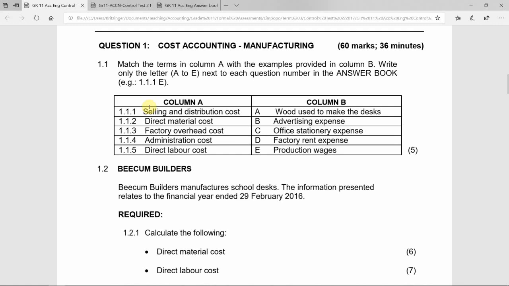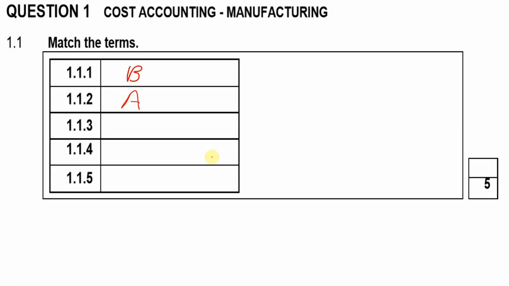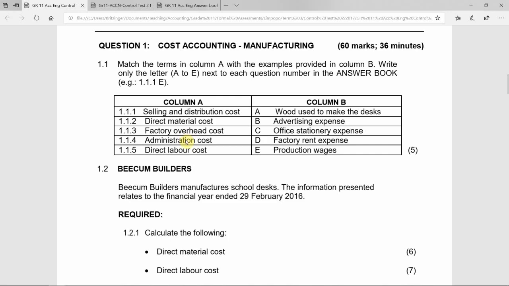We already used A and B, so those are not the options. Factory rent expense though, that has to do with the factory, it has to do with the product, so it is related but in an indirect way. So therefore that would be an example of a factory overhead cost. So number D is the correct option for 1.1.3.